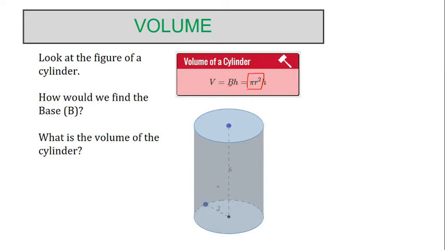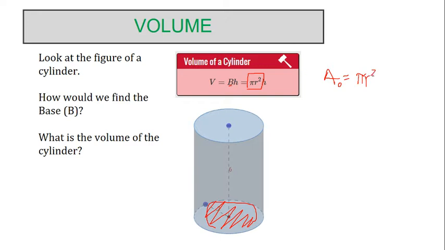Because in this case, if we're looking at a cylinder, the bases are the two shapes that are parallel and congruent. In this case, a circle. So this down here is called a base of the cylinder, and we need to find its area. Well, the base of a cylinder is a circle, and if you recall, the area of a circle is equal to pi r squared.